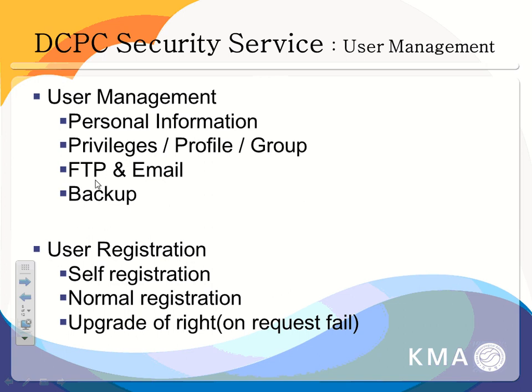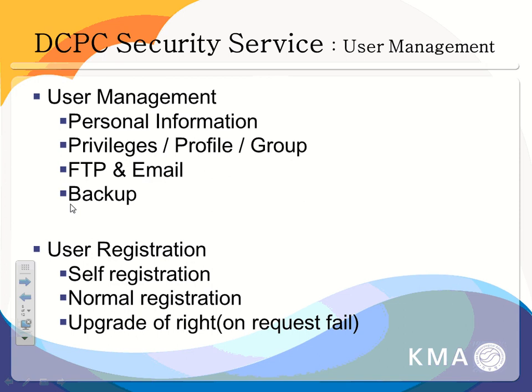These are very important because if I want to subscribe to some data and get it by FTP, the address I defined will be used for FTP dissemination and email dissemination.